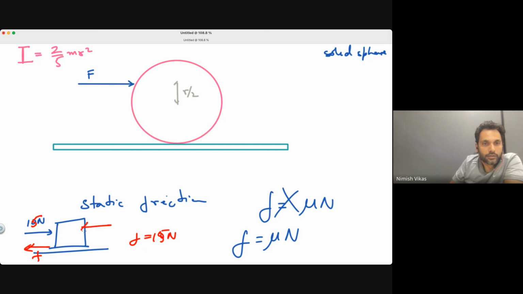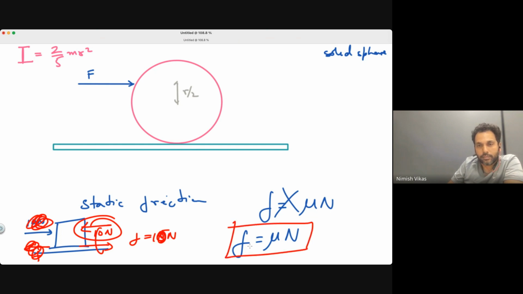You apply, say, 10 Newton from this way and there is no movement, then you'll say friction is 10 Newton forward, right? So it all depends on the situation, because it is static. As soon as it starts moving, you will go to the formula and say the friction is the max limit, which is mu n. Is that clear?